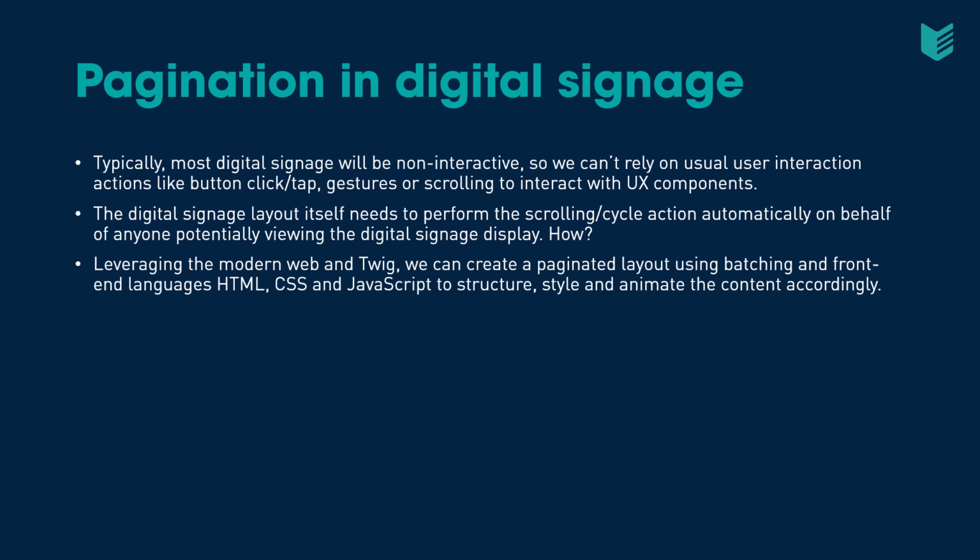The great thing about the web today is that we've got HTML5 and CSS3 and modern JavaScript. And then, combining it with something like Twig, which is a templating front end, you can have the flexibility of building these layouts, and then also, with Twig, using server-side-esque data manipulation.